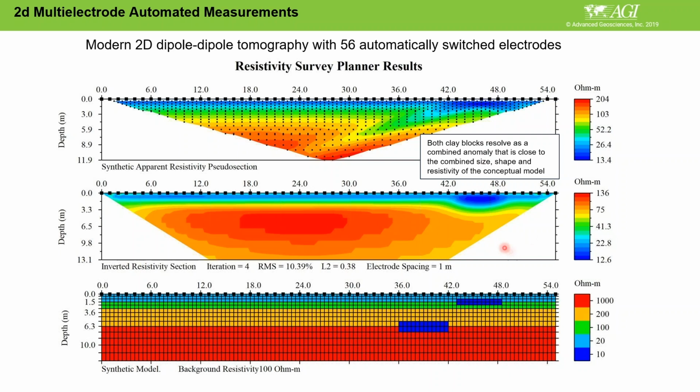You can see that this influence is here. You cannot see it in the upper section, but in the inversion, yes, you can see it. Here you cannot see it. So that lets you know the detectability of the anomalies. That means you can do this kind of modeling for survey planning before going to the field.